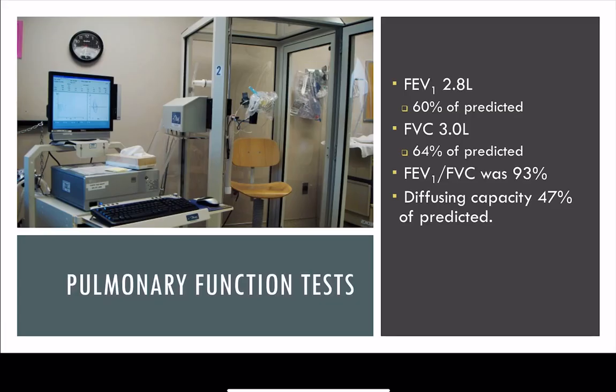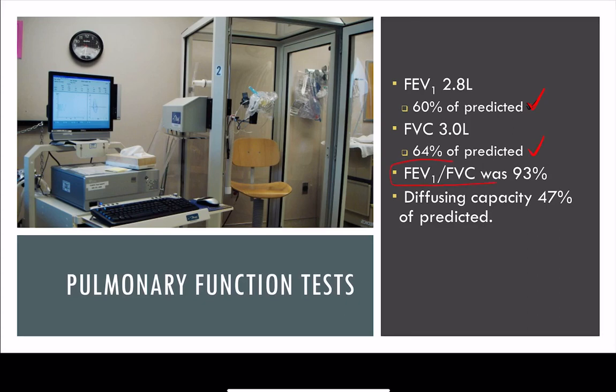So if we go back to our patient that was admitted and now look at the pulmonary function test results from this chart review that we're doing from a million years ago, you can see FEV1 is reduced. FVC is reduced.